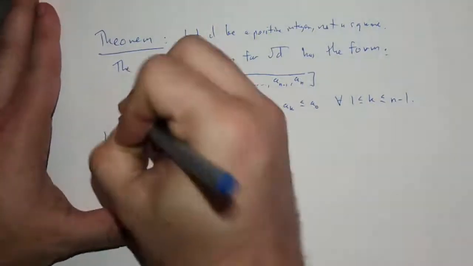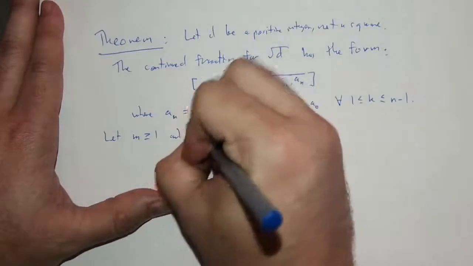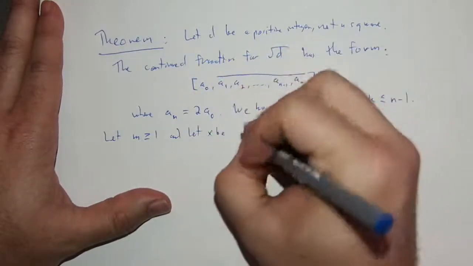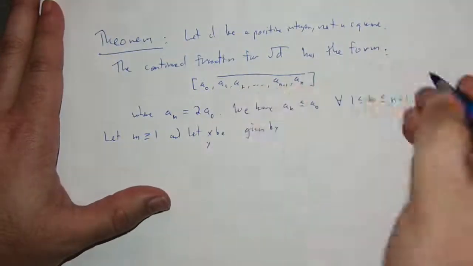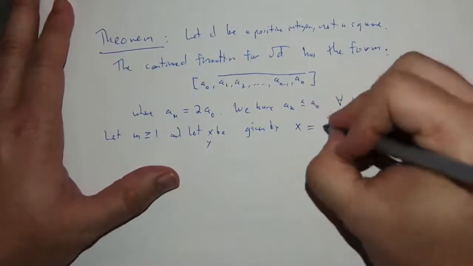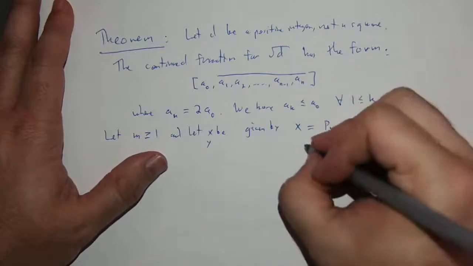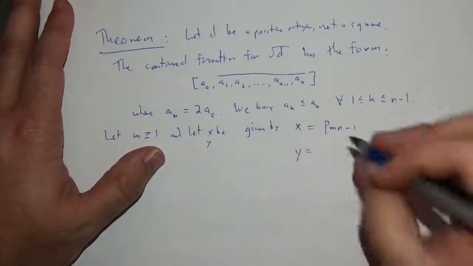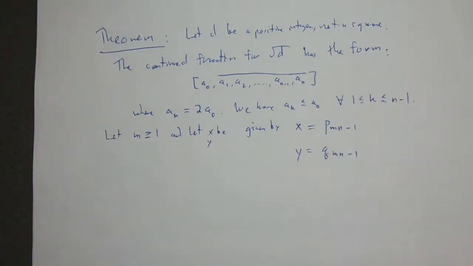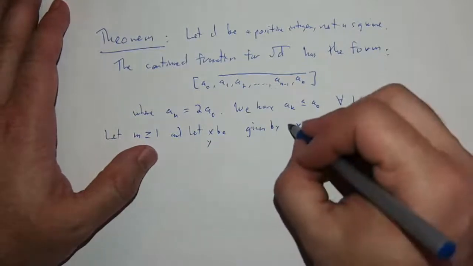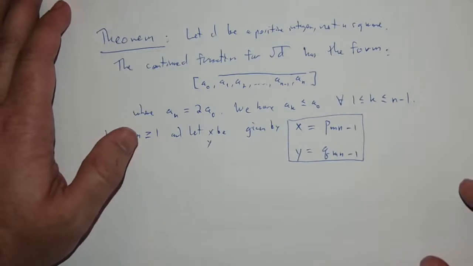So let m be greater than or equal to 1, and let x be given by, well, both x and y. So x is p sub mn minus 1, and y is q sub n minus 1. The p and q notation comes from that previous proposition to compute these continued fractions.